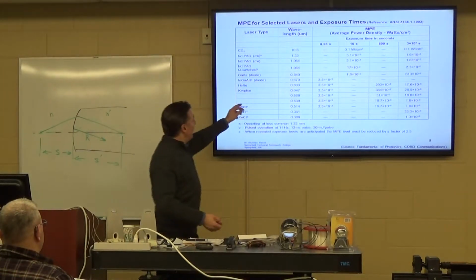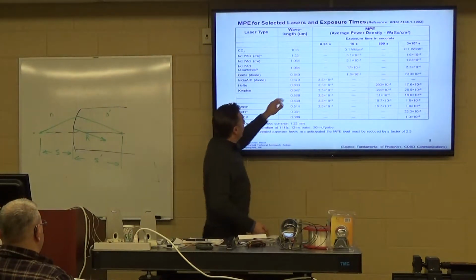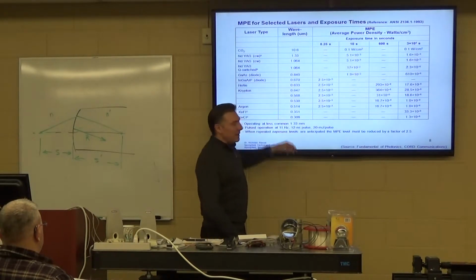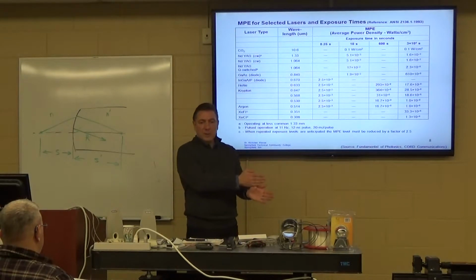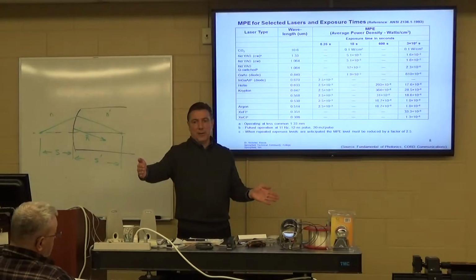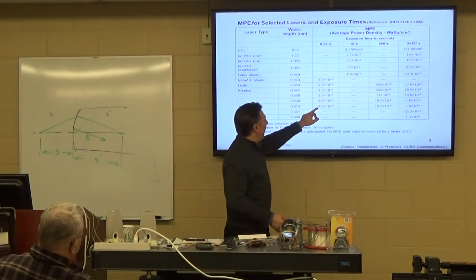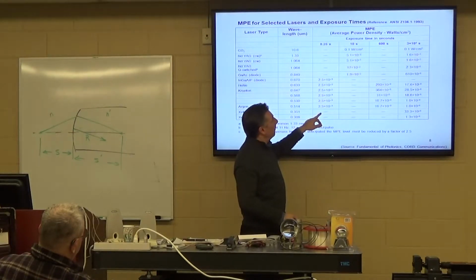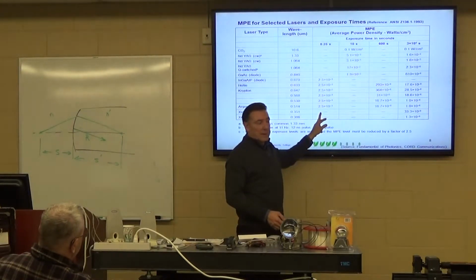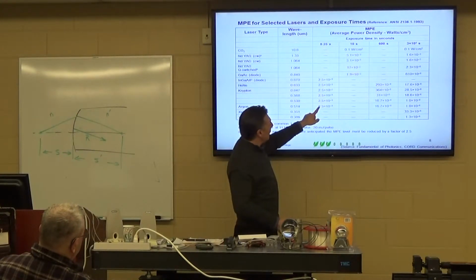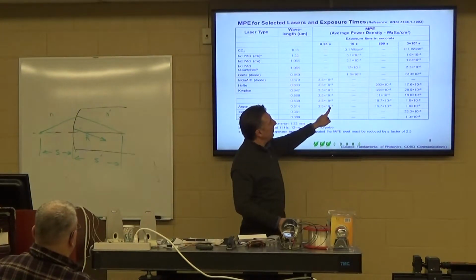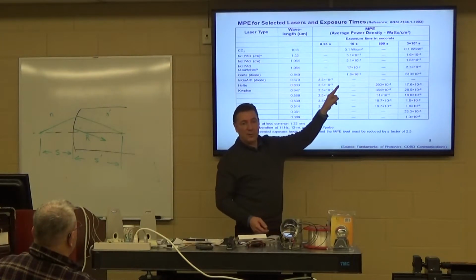If you look at the laser type over here, and then the wavelength, anything that's between 400 nanometers and 700 nanometers, 0.4 to 0.7 micrometers, has the same maximum permissible exposure. Now, if you look at this, 2.5 times 10 to the minus third watts per square centimeter.